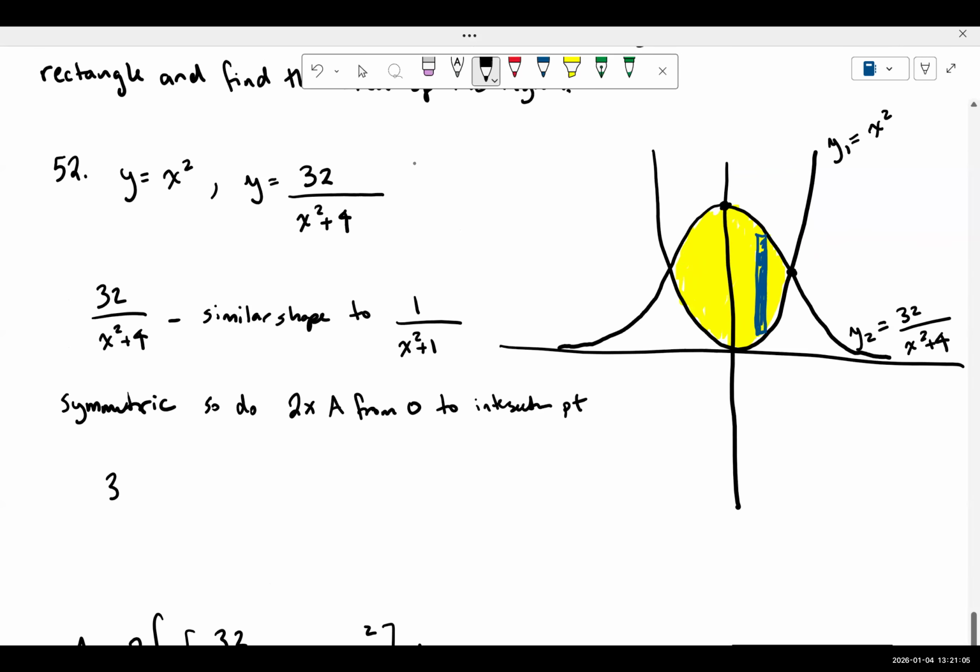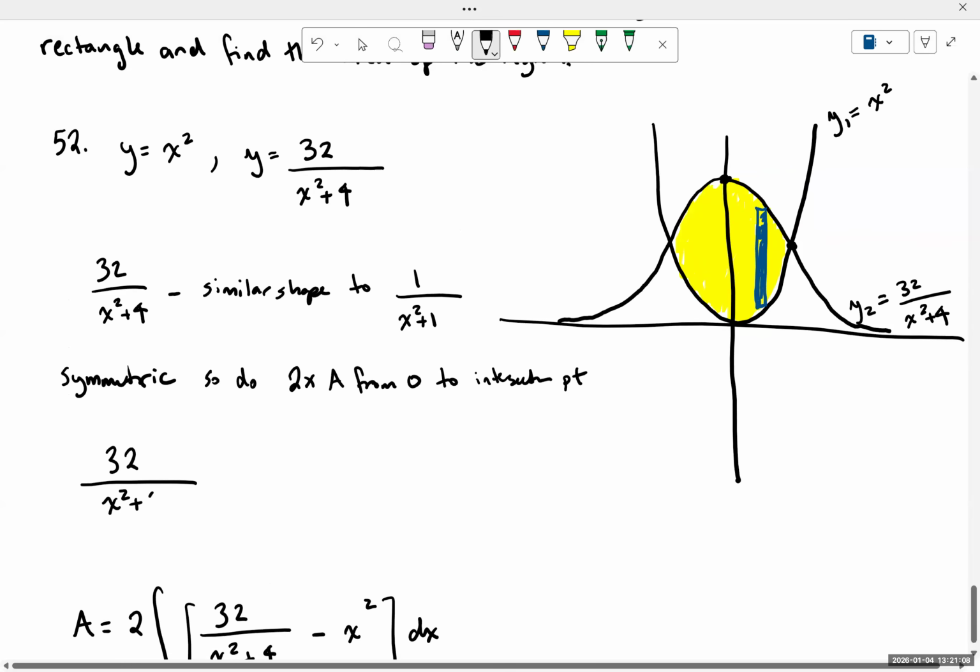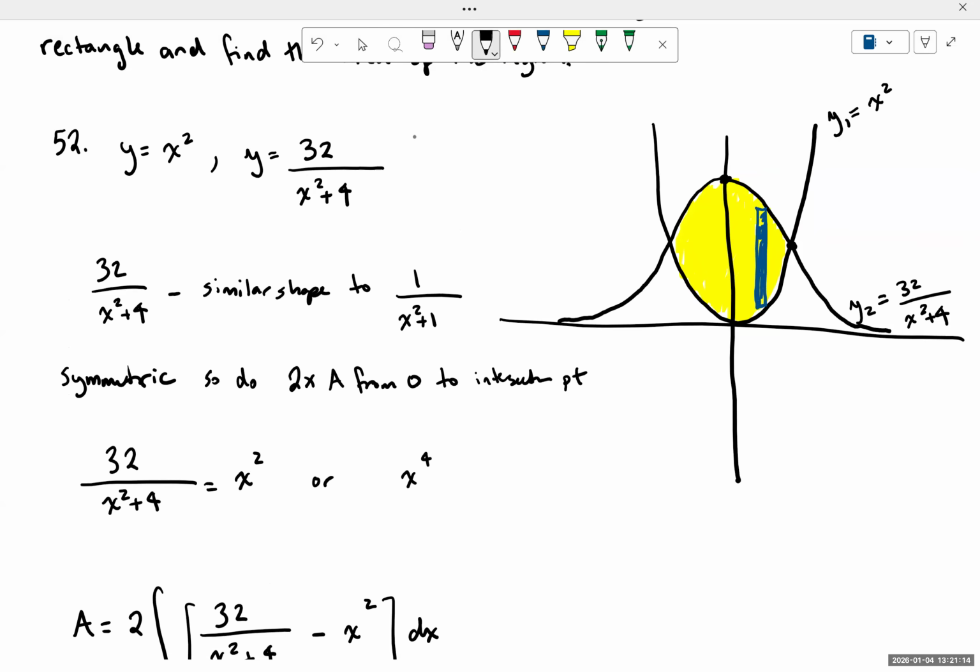So I'm going to set them equal to each other. 32 over x squared plus 4 equals x squared, or x to the fourth plus 4x squared minus 32 equals 0. This is not bad. This is not one of these crazy ones where you have to guess and check, because you see this is actually a quadratic in x squared.